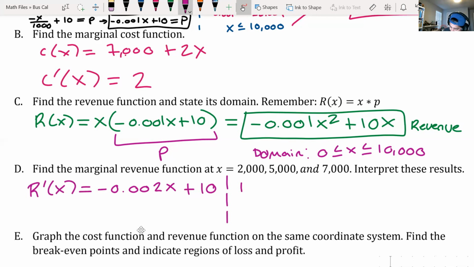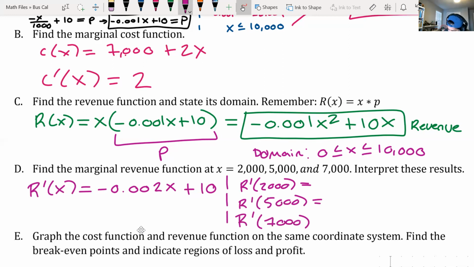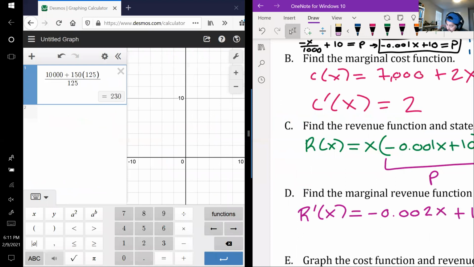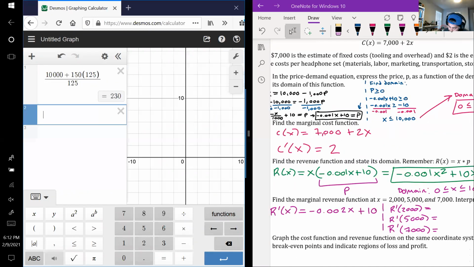So we'll say R prime of 2,000, R prime of 5,000, and R prime of 7,000. Okay. And I'll just calculate these as well. So I'll say negative 0.002x plus 10.